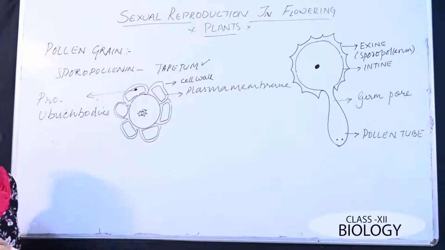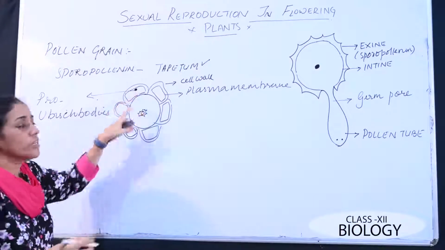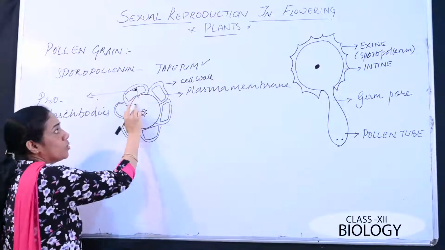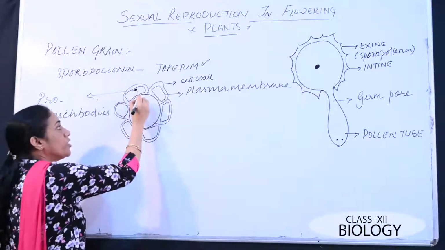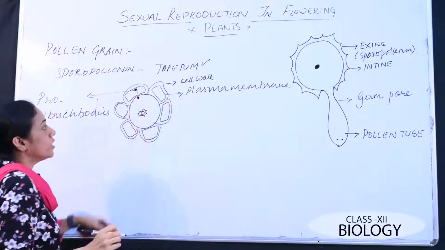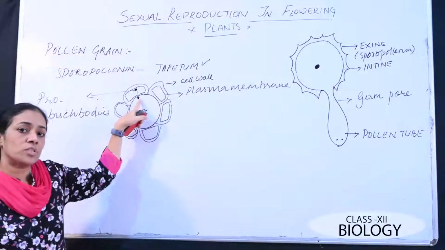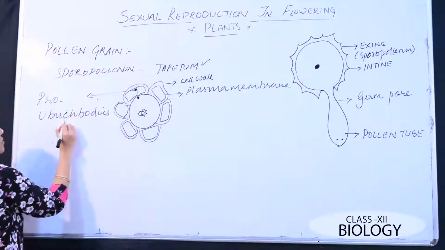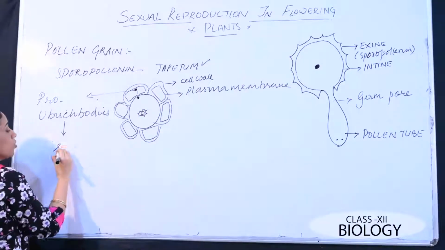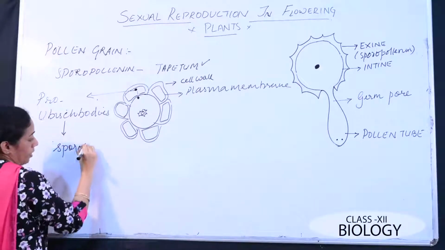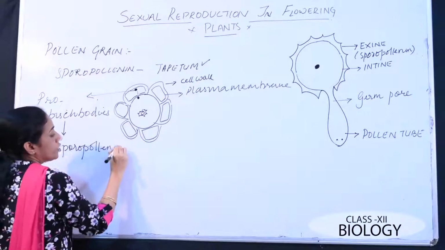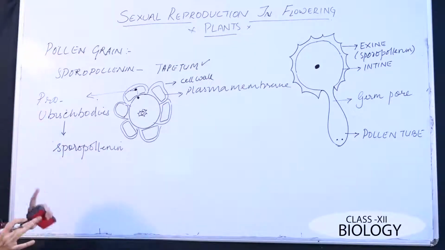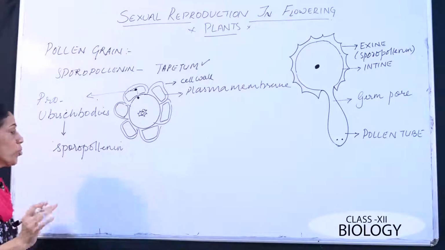Now what happens is, these pro-Ubish bodies slowly move towards the interior of the membrane, and when they reach here, they start releasing the substance called sporopollenin. When they start releasing sporopollenin, at that time the pro-Ubish bodies get converted into Ubish bodies.